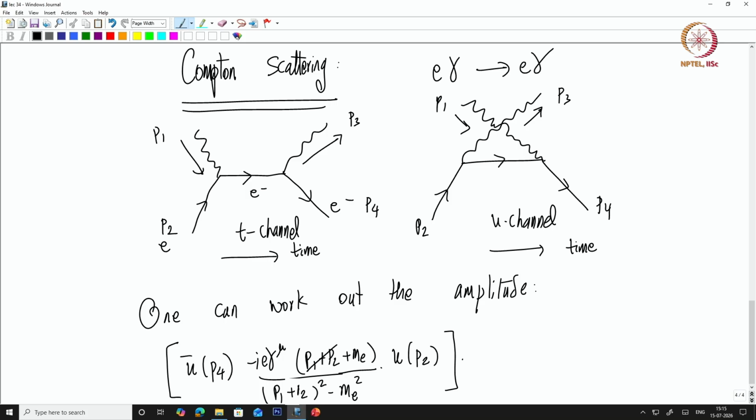You also have the epsilon of the final states essentially. Epsilon mu of P1 and epsilon nu, and there is a second vertex, i e gamma mu, i e gamma nu.